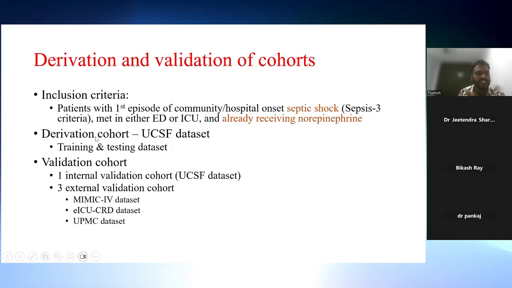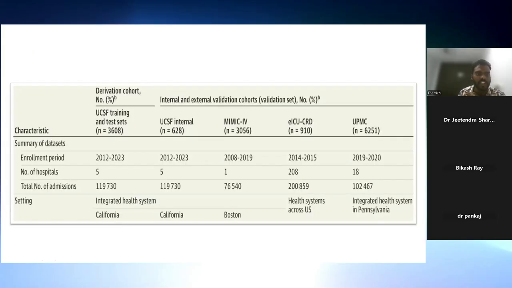After deriving a model from the derivation cohort, they validated it in both the UCSF dataset and in 3 other external validation sets, which I mentioned earlier. It was conducted roughly between 2012 and 2023 in various hospitals, and the number of patients included I will be discussing subsequently.